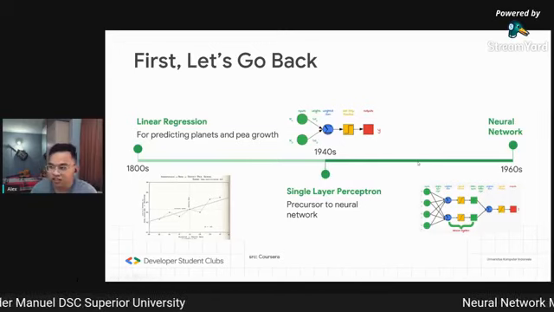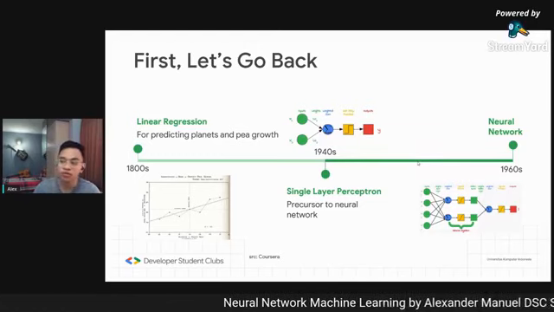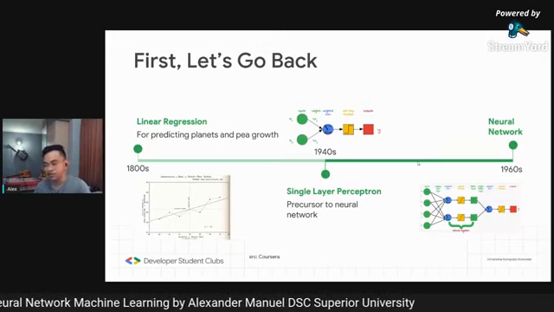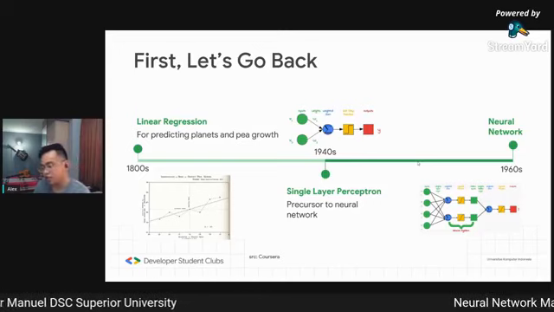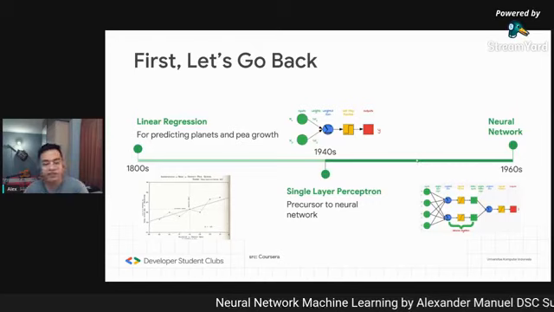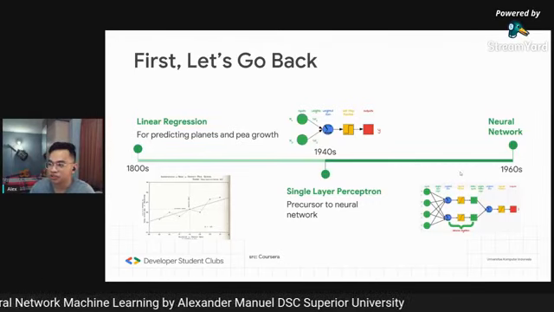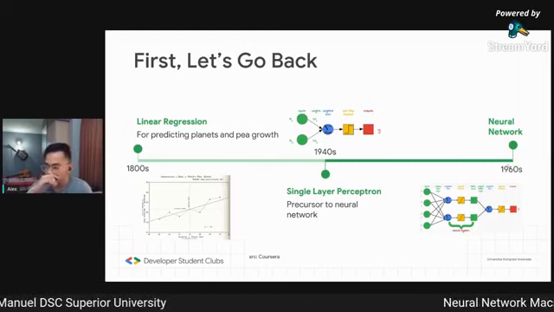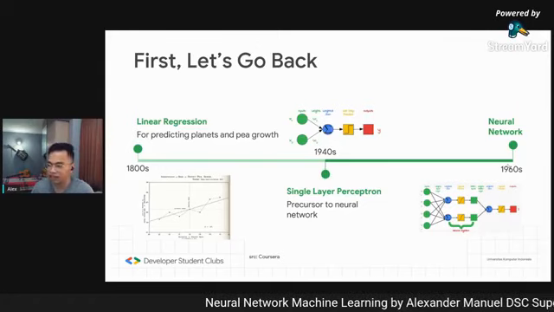And then 20 years after that, there is this neural network, where we can add more neurons and then introduce an activation that can introduce non-linearity in the function. Then they found out about the multi-layer perceptron, the simple neural network, which could exist in that year.